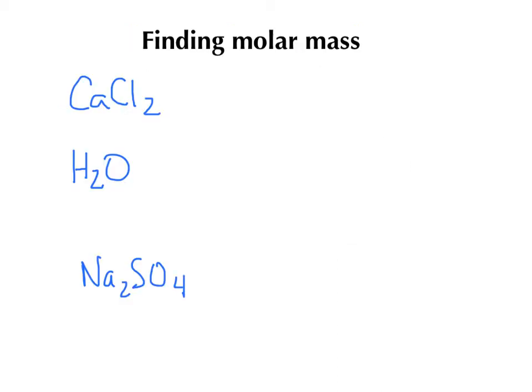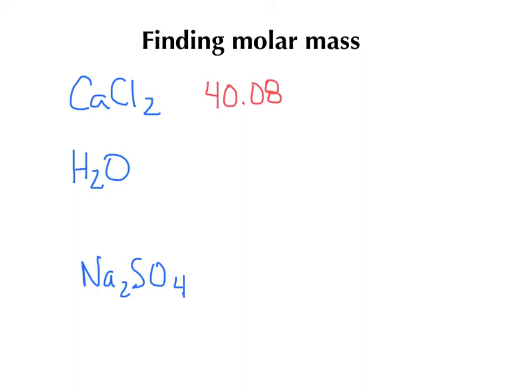I want to remind you again about finding molar mass. You need your periodic table to do this, so I have a few compounds that we're going to work out here. Calcium, you have to look that one up first, and when you look it up, you're going to find out that it is 40.08. There's only one calcium because there are no subscripts after it, but then we have to add to it these chlorines.